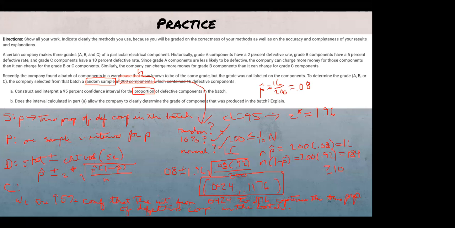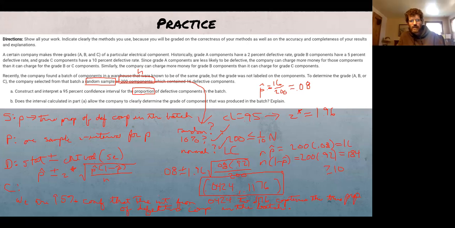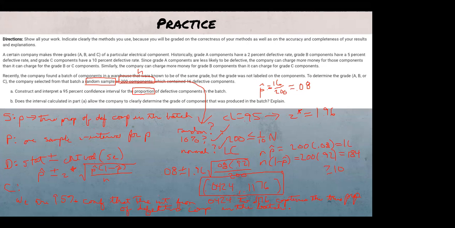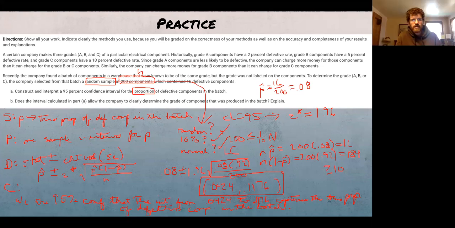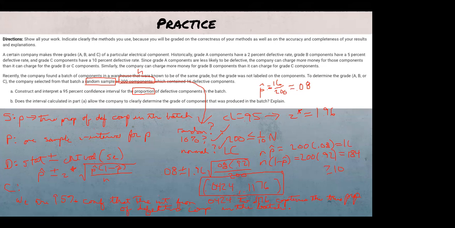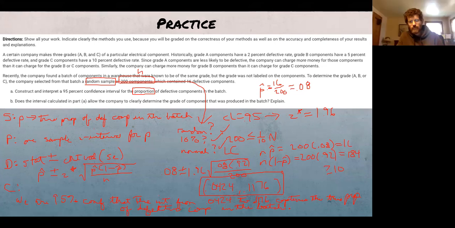No. Okay, no, it could not. Why can't it be grade A? Because the interval is from like 4% to like 12%. There you go, perfect. So if the range of possible proportions is from 4 to 12%, it's not going to be grade A because that's a 2% defective rate. So I'm not actually going to write anything out for this, but to answer this, I'd say it can't be grade A.